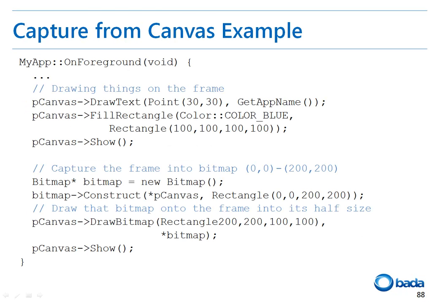This example shows how to create a bitmap from a canvas and draw the bitmap using the canvas. I drew objects on the screen using various functions, created a bitmap by specifying the canvas and canvas area, and then drew the bitmap on the screen at the defined position and size.